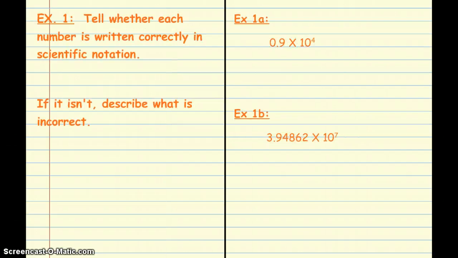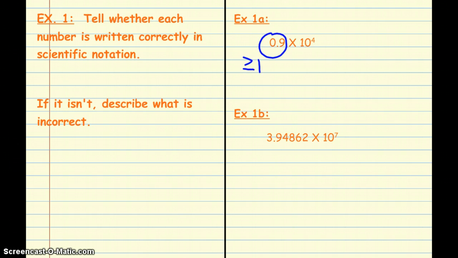So the first thing that we need to do, based on that definition of scientific notation, is decide if numbers are written correctly in scientific notation. So I have 2 examples. The first one is 0.9 times 10 to the 4th. So we ask ourselves, what do we notice about this number? Based on the definition of scientific notation, I know that this first number has to be greater than or equal to 1.